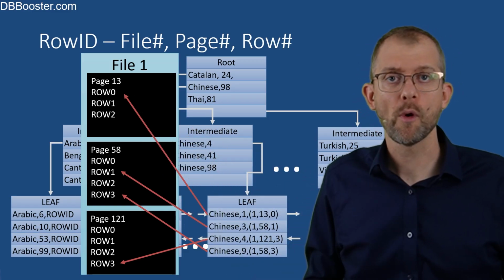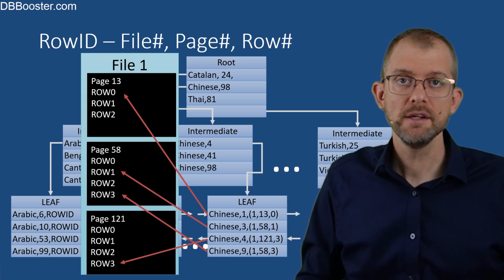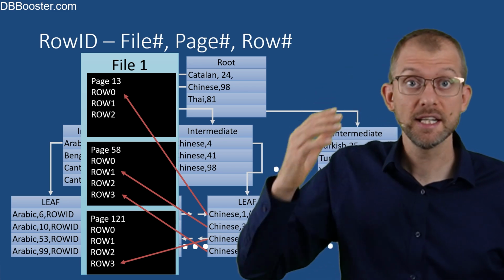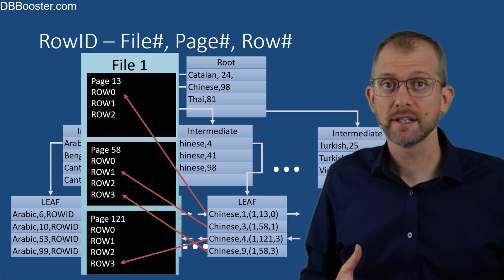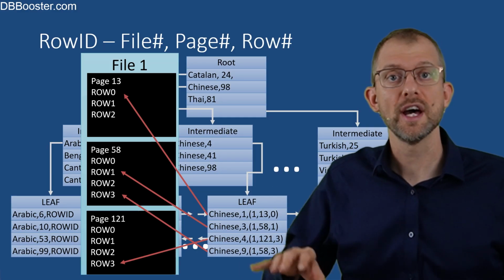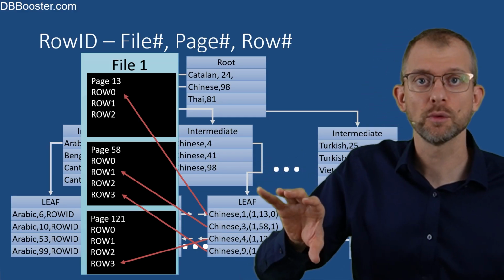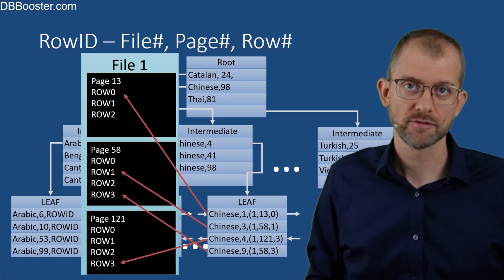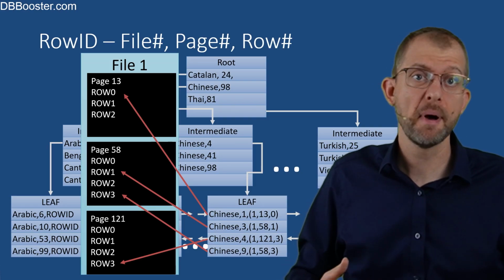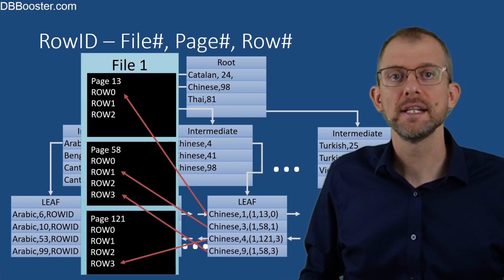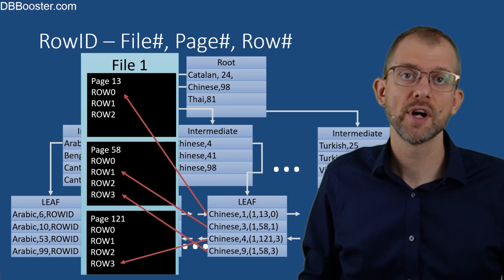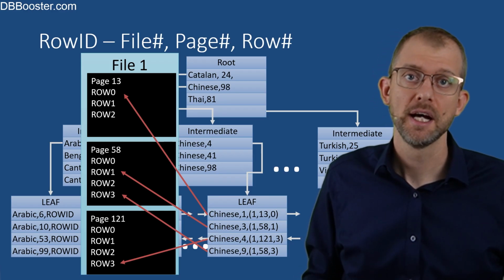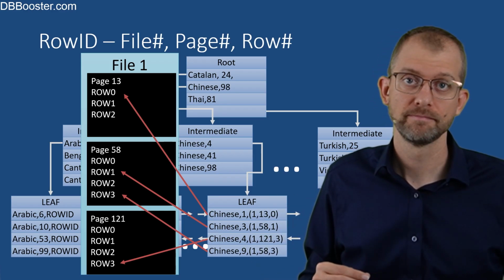The important point is this. Even if the index entries are right next to each other, their ROWID pointers can lead to completely different table pages. That means if I have bad luck, I may need an extra IO for every single index key that matches my criteria.